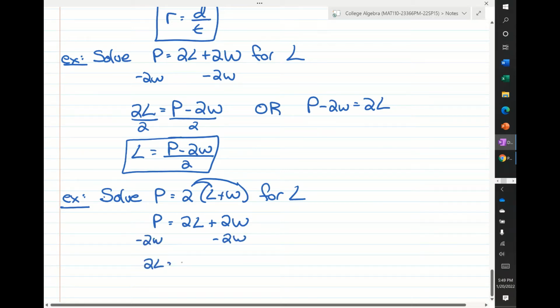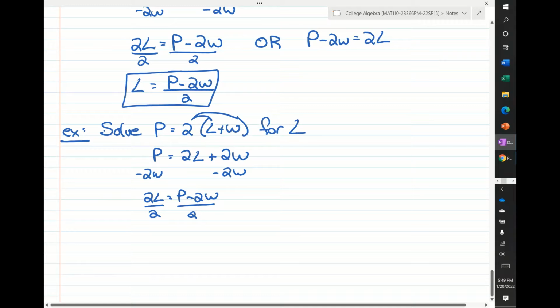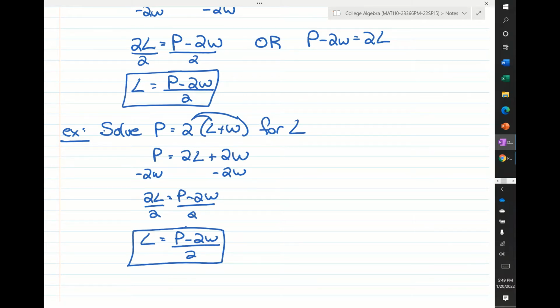So 2L would equal P minus 2W. Dividing by the 2 gives us exactly the same thing. That's the hardest type of problem you'll see in this section.